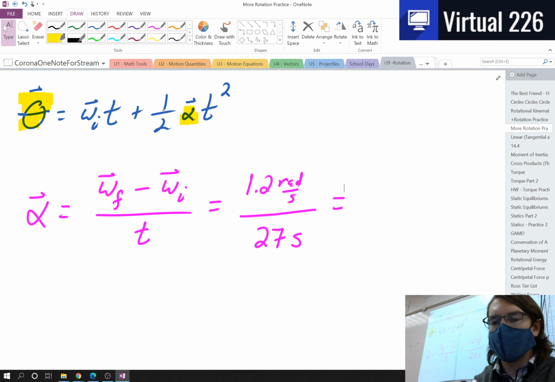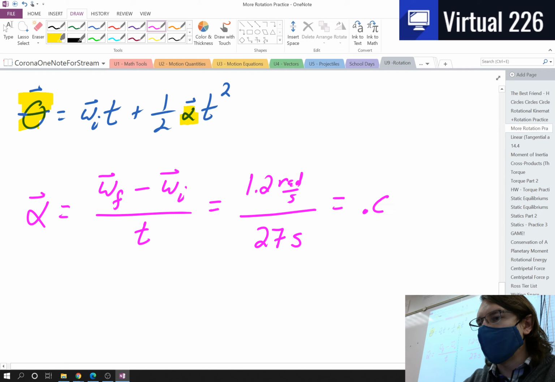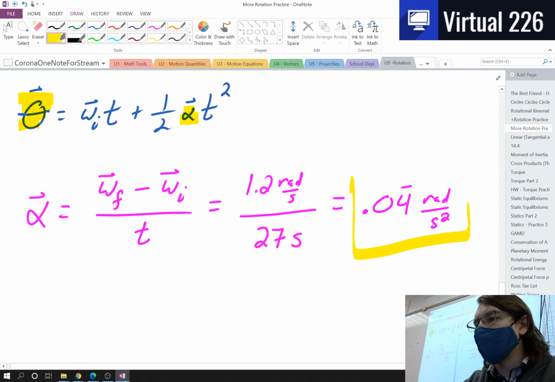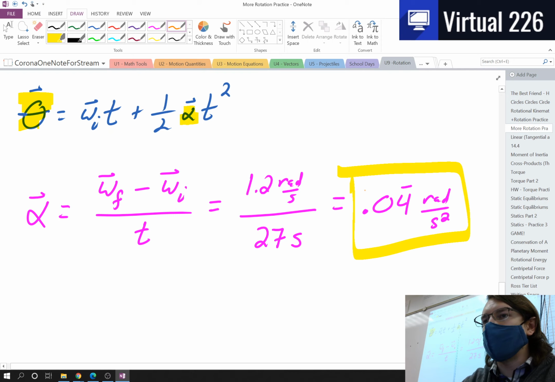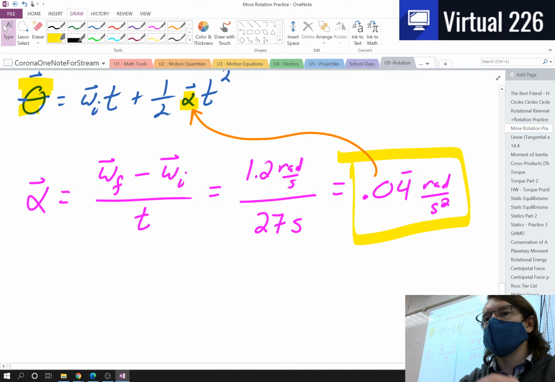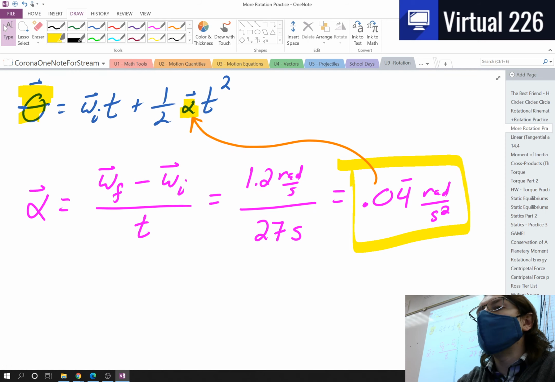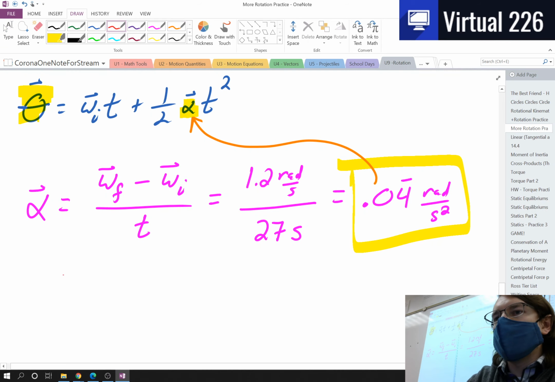Ooh, that sounds gross. 1.2 divided by 27 gives us 0.04 repeating radians per second squared. So this value here, which we just found, while it's not our final answer, we can throw back into this equation. So now what we can do with this is we can say, look, let's solve for theta.